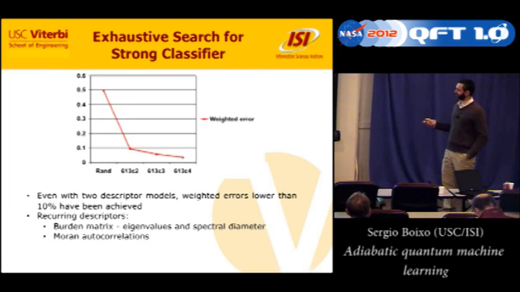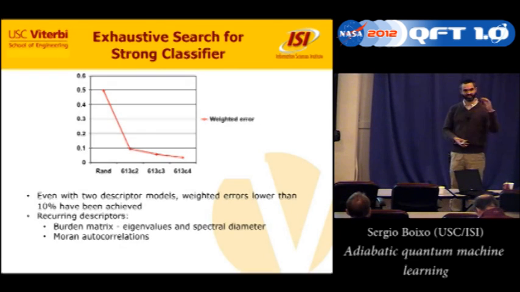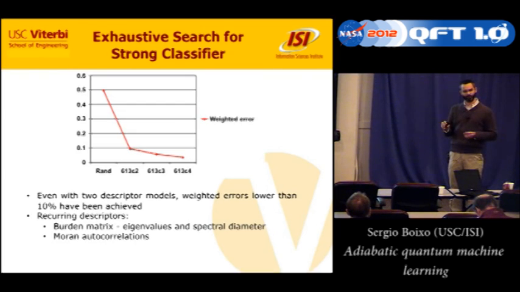The kind of descriptors, shown in some slides that for some reason the presentation jumped over, are like the Burden matrix, which is a diagonal matrix that has the atomic weight on the diagonal and off-diagonal numbers related to the kind of bonds you have between carbon-carbon atoms: double bond, triple bond, single bond. So it's similar to the Hückel model.